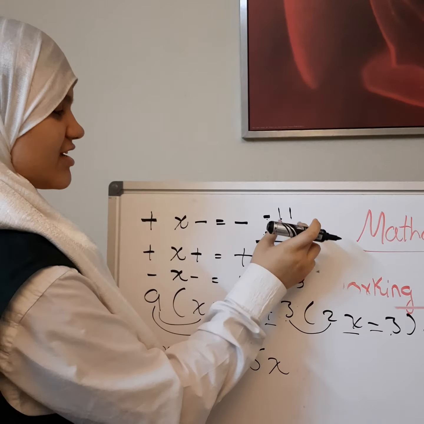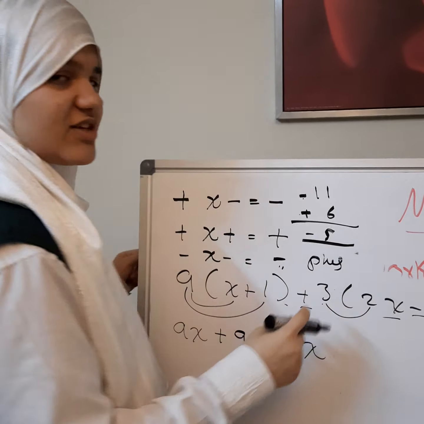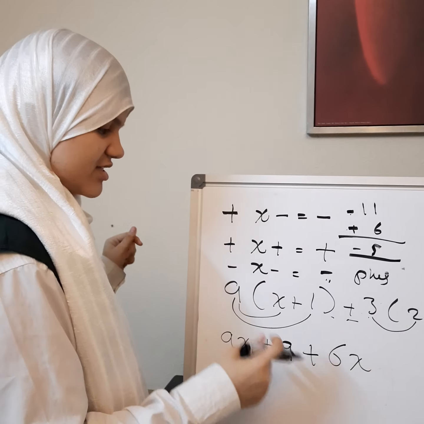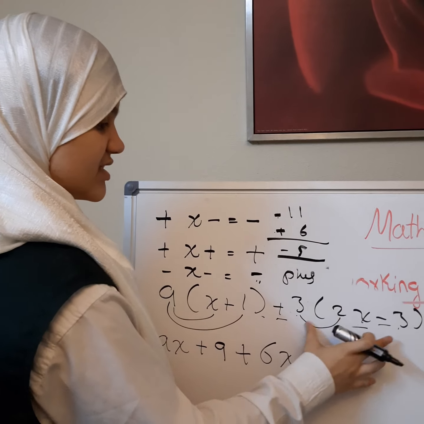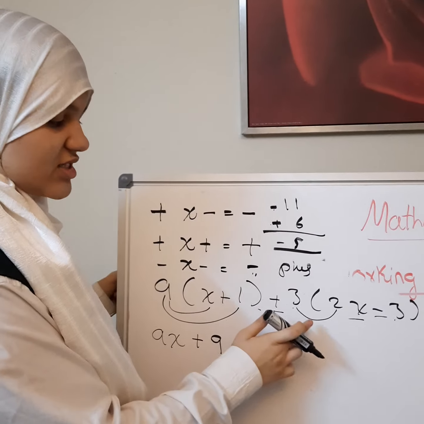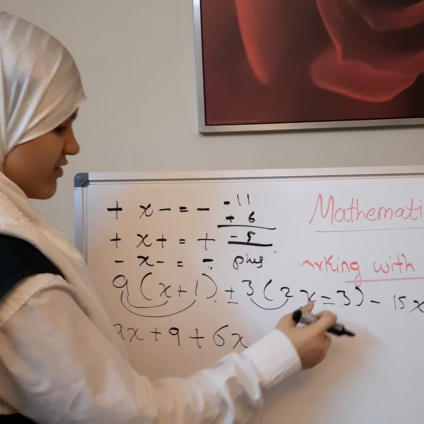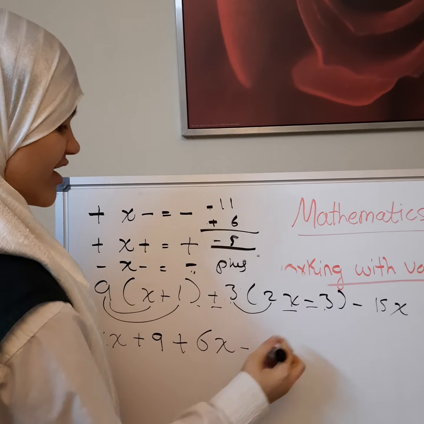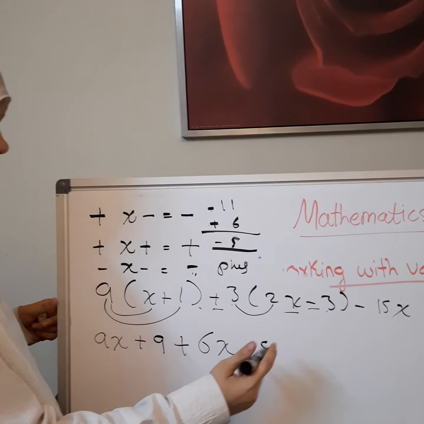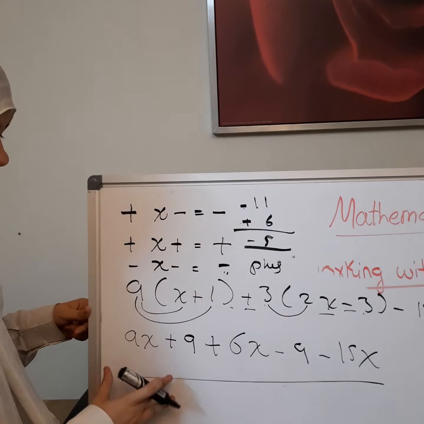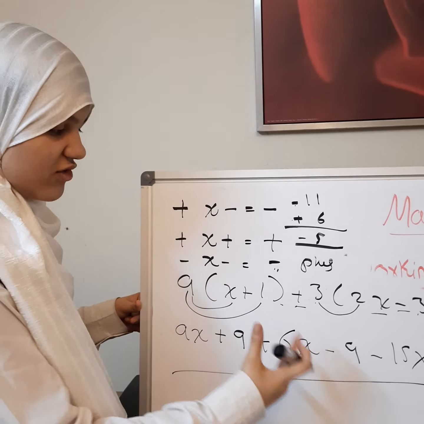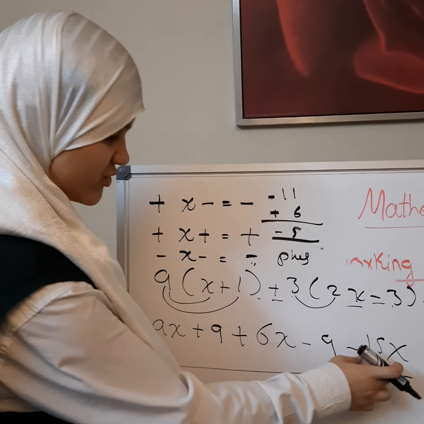That means 11 minus 6, 5. Negative 5. Okay? The same thing here, that we have positive and negative, but they are the same number. That means positive and negative, it will be negative. 3 times 3, it will be 9. Okay? Then minus 15x.